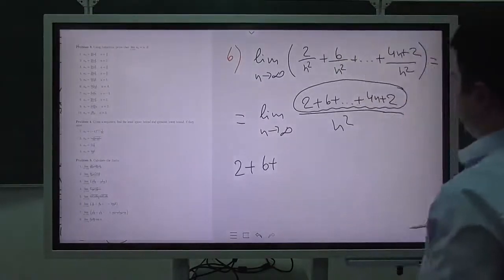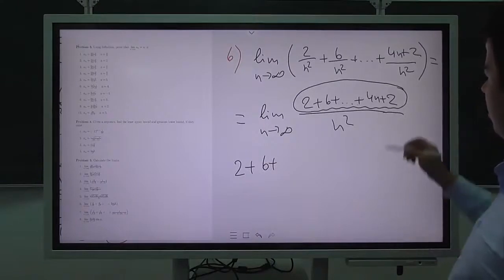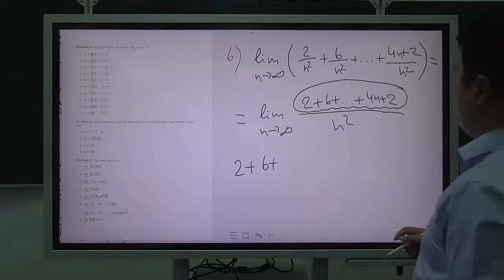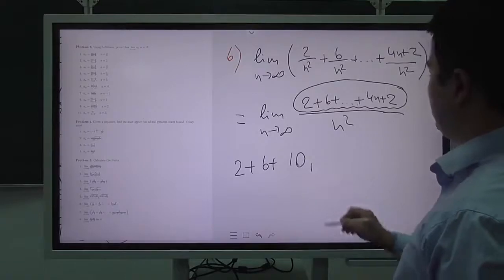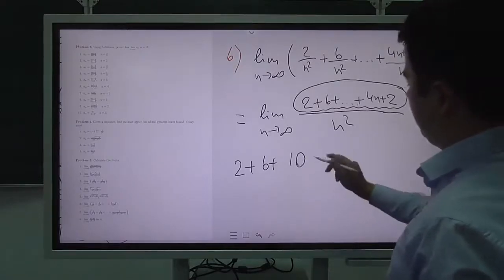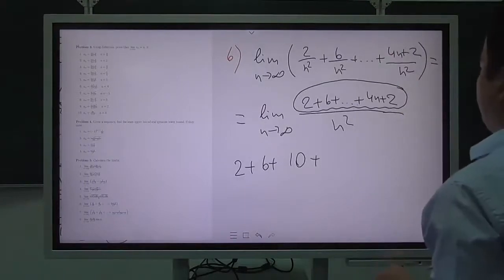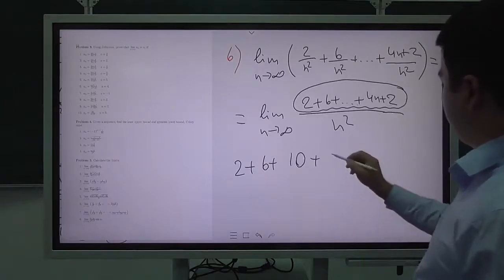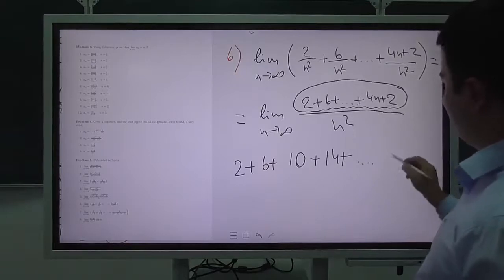The next one, when we put 2, it is 10. The next one, if you put 3, it is 12 plus 2, it is 14, etc. So we have this one.